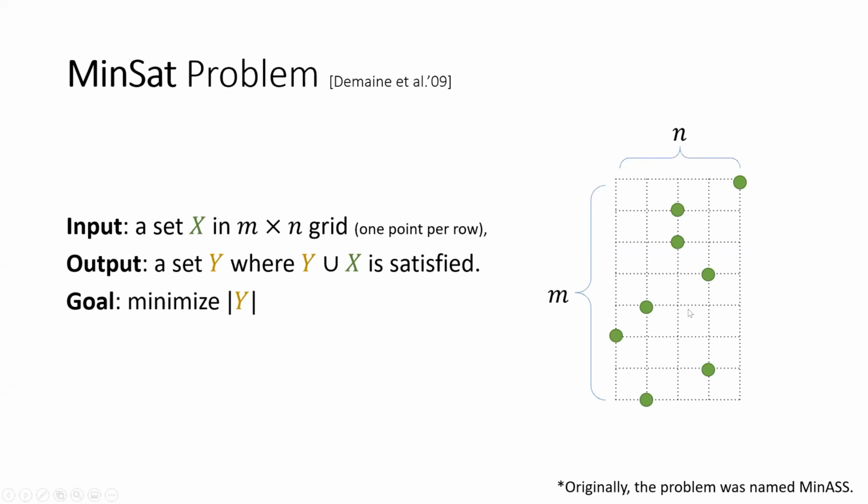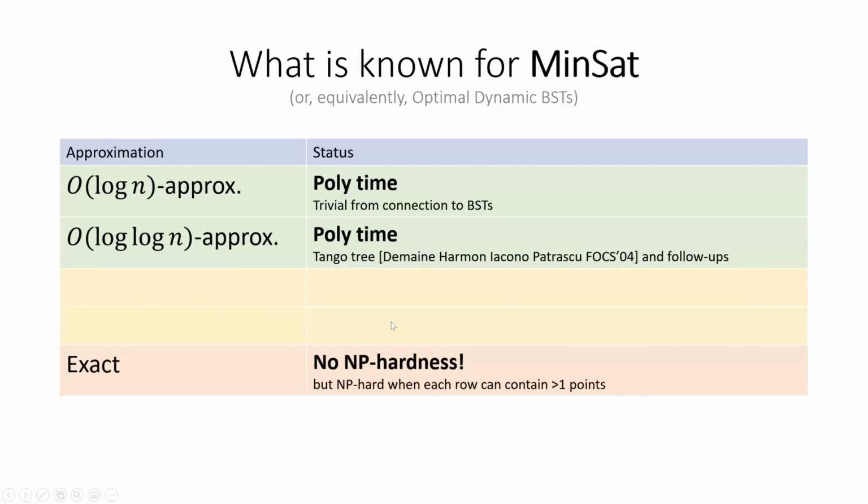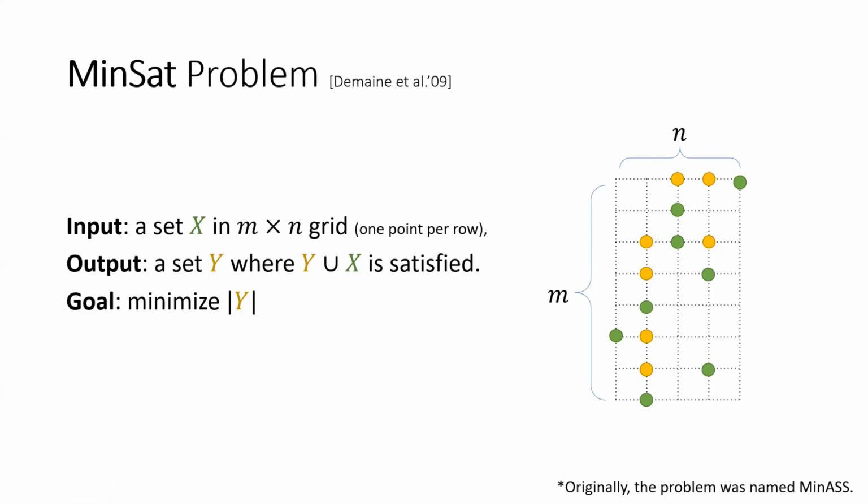What you need to do is add some more points, Y, so that Y union X is a satisfied point set. Okay, and what you want to do is minimize the number of points you add. You want to minimize the size of Y. Given a point set, you just want to add Y so that the point set is satisfied.